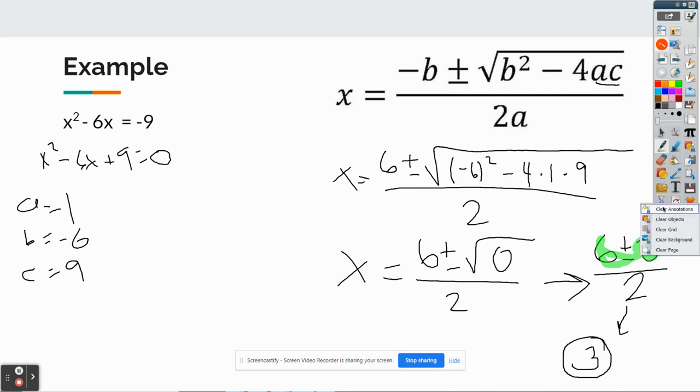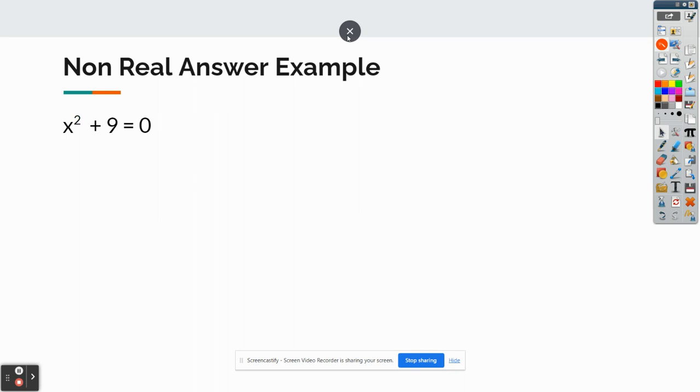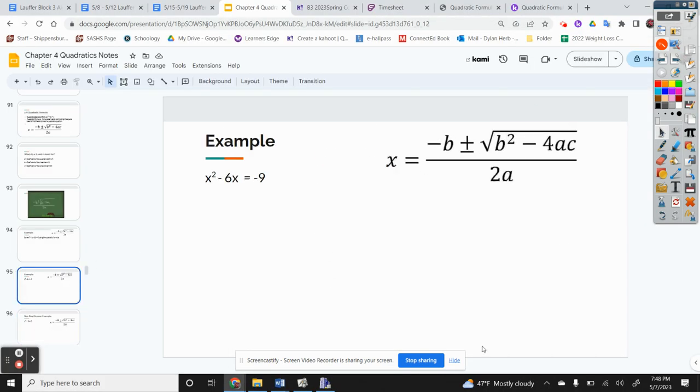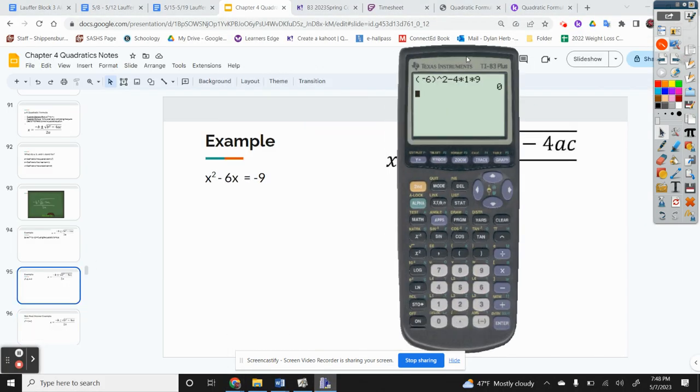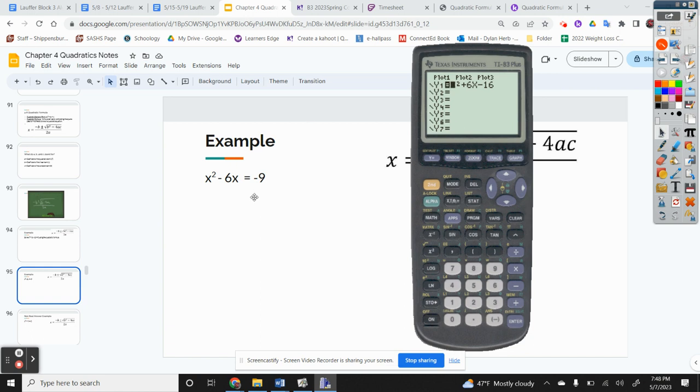Again, I can verify that using my calculator. Whoops, let's go back here. If I type that into y equals, again, you're going to have this equal to 0. So we'd be typing in x squared minus 6x plus 9.